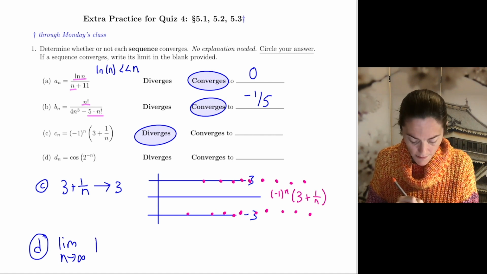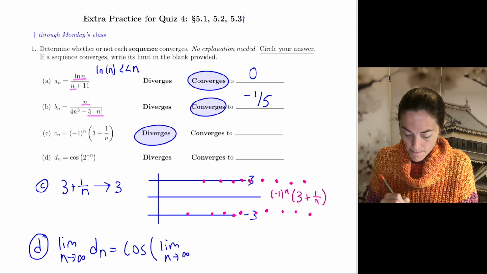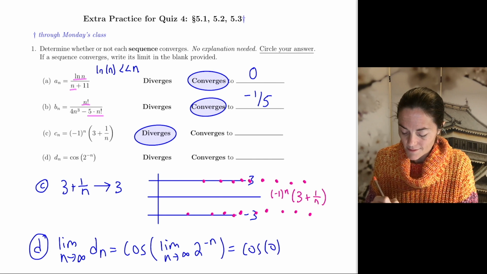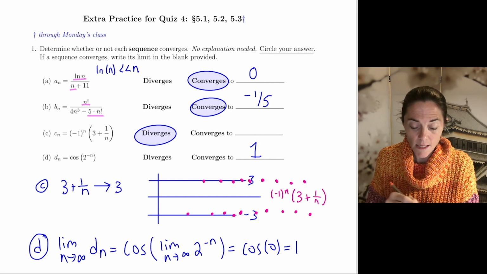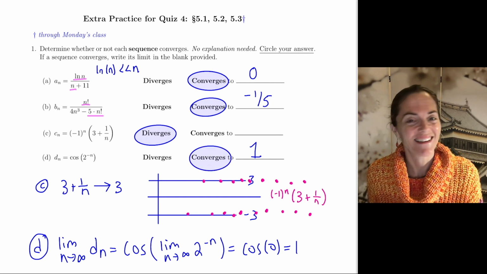Here, the limit as n goes to infinity of d_n, we may bring the limit inside the continuous function. And so we get the cosine of 0, and this is 1. So this sequence converges to 1.